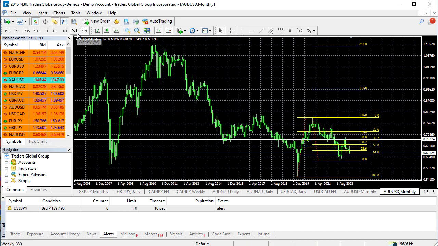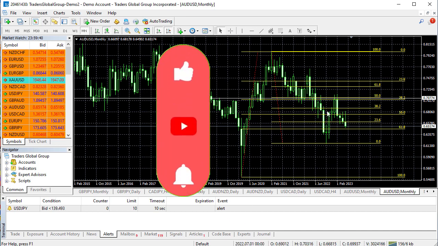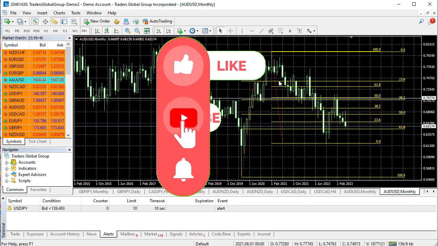So if we zoom in smaller, we can see that this whole downward move is like up, down, up, down. It's a market structure just declining, like a bearish market.